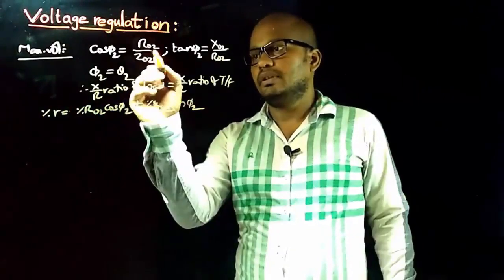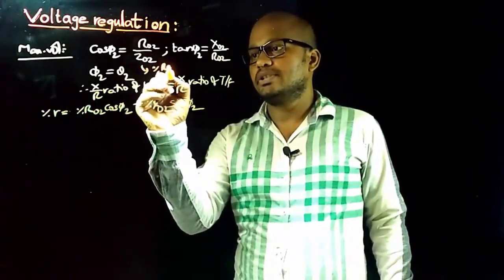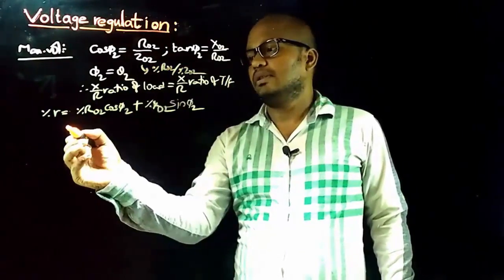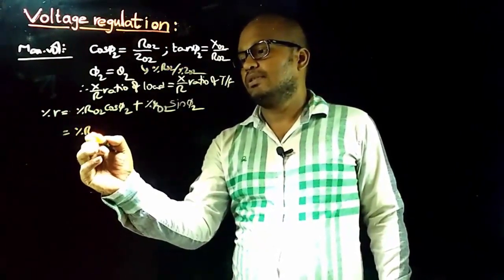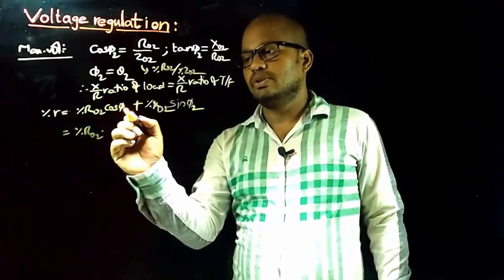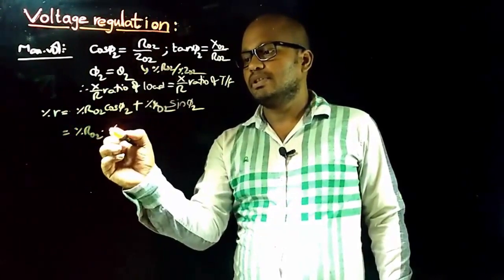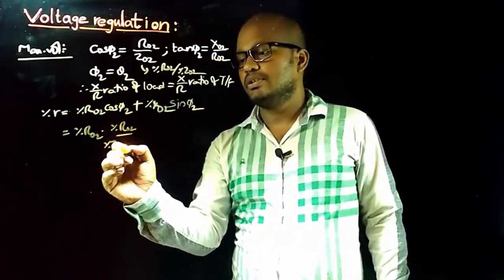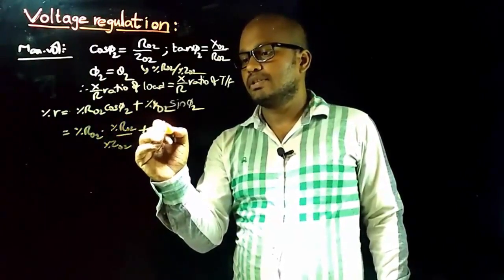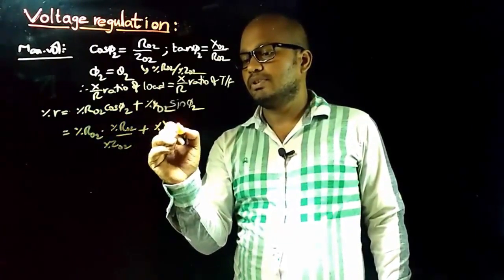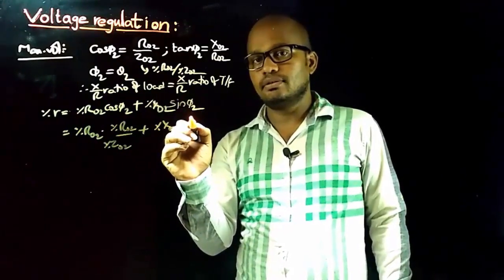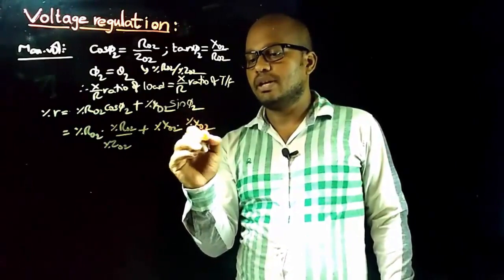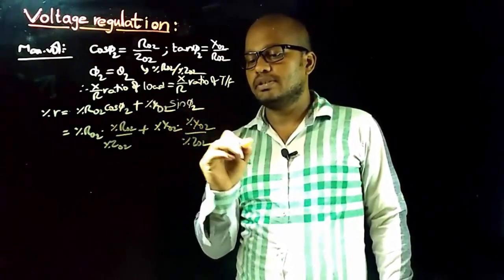and this can be taken as cos phi 2 equal to percentage resistance drop by percentage impedance drop. That implies percentage resistance drop R02 into cos phi 2 is percentage R02 by percentage Z02, plus percentage reactance drop into sin phi 2 is percentage X02 by percentage Z02.